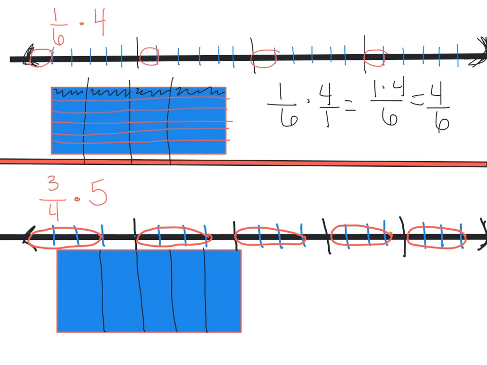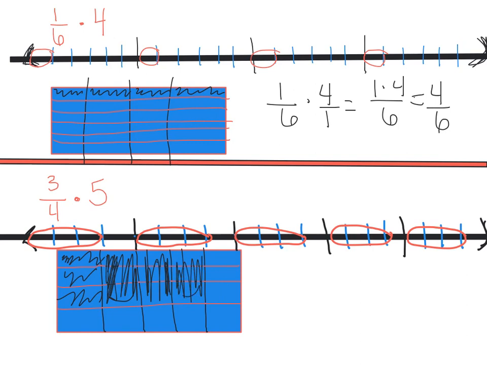So I go across, 1, 2, 3 cuts makes 4 pieces, and we shade in 1, 2, 3 in the first hole, 1, 2, 3 in the second, 1, 2, 3 in the third, the fourth, and the fifth, and now there are 15 fourths being shaded in.